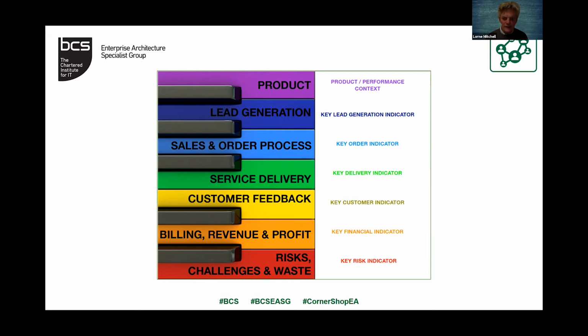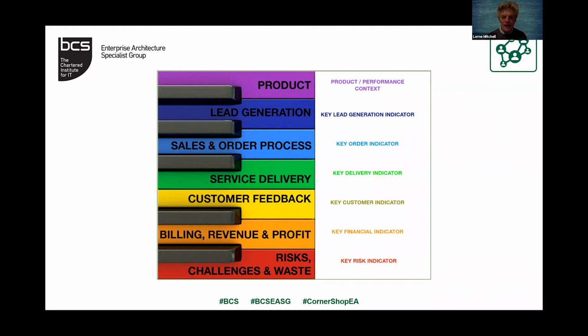And that yellow bar, that yellow CDE on the piano, is also a key entry point. But the best entry point of all is orange, which is billing, revenue, and profit, the key financial indicators. You can start there and work out from it.